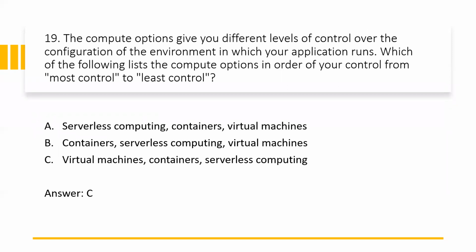Question 19. The compute options give you different levels of control over the configuration of the environment in which your application runs. Which of the following lists compute options in order of your control from most control to least control? So here we can see the services offered by Azure: IaaS, PaaS, SaaS.